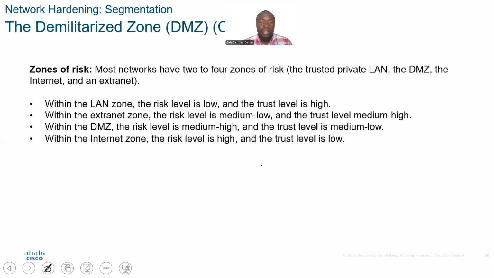Within the extranet zone, the risk level is medium and the trust level is medium. Within the DMZ, the risk level is medium high, the trust level is medium low. Okay. Within the internet zone, the risk level is high and the trust level is low.